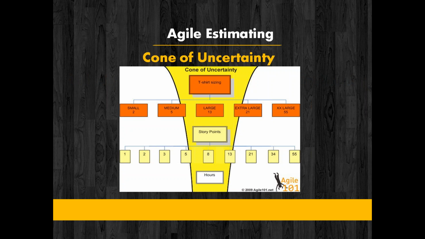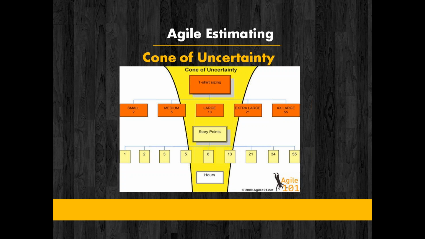So if you see here, Agile estimation relies on the cone of uncertainty. When you get a requirement, you're not sure about what exactly is needed for that particular requirement to be complete. So you go ahead with t-shirt sizing, that is t-shirt sizes, small, medium, large, extra large, and so on.